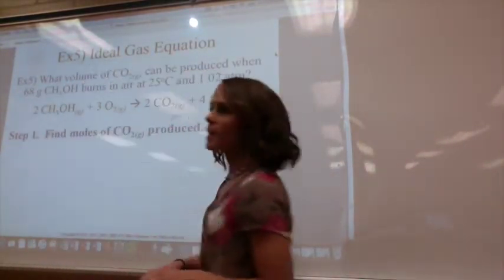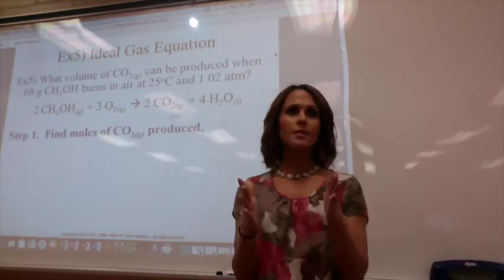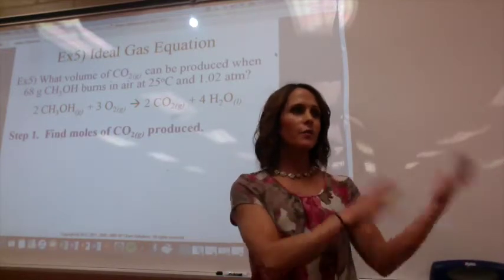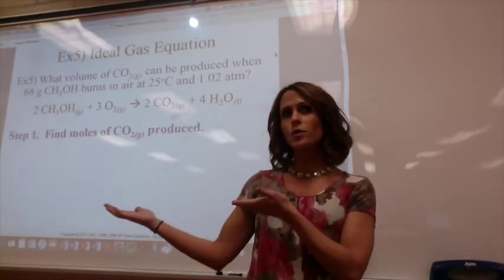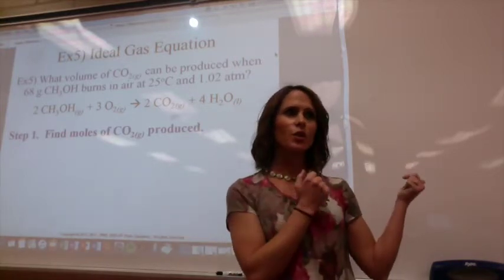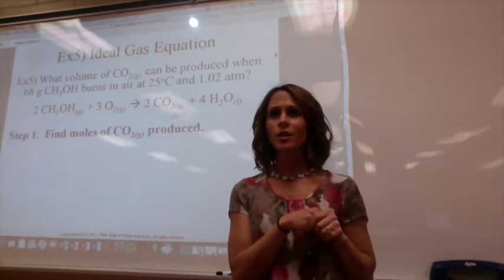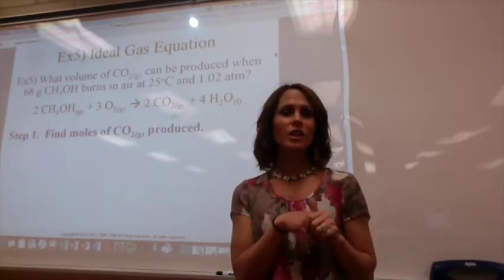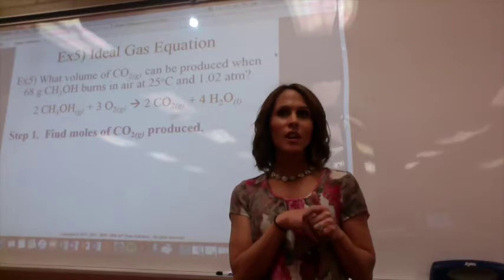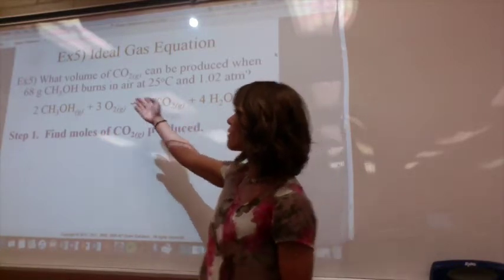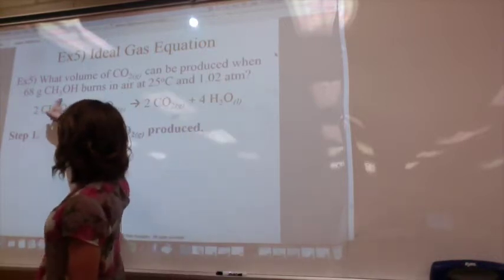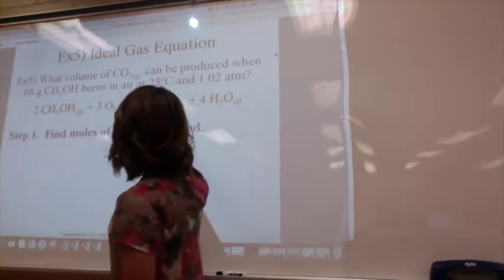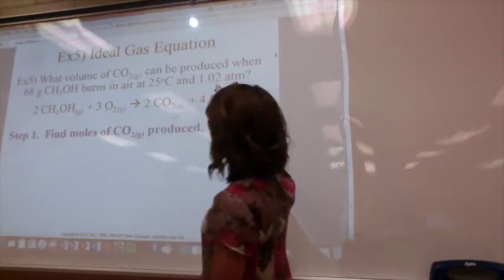A lot of times they will give you one substance and ask you to find out information about another substance. This is honors chem. What did you do when I gave you moles of A and I asked you for grams of B? You used dimensional analysis, specifically stoichiometry, right? Same scenario. What volume of CO2 can be produced when 68 grams of methanol burns in air at blank and blank.